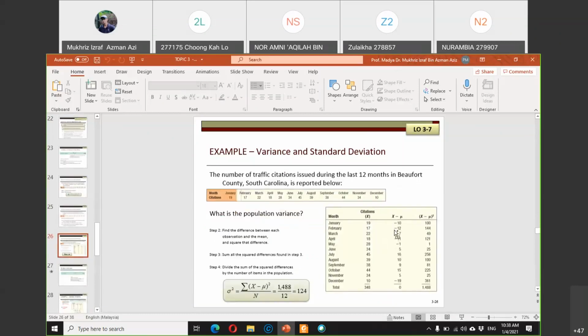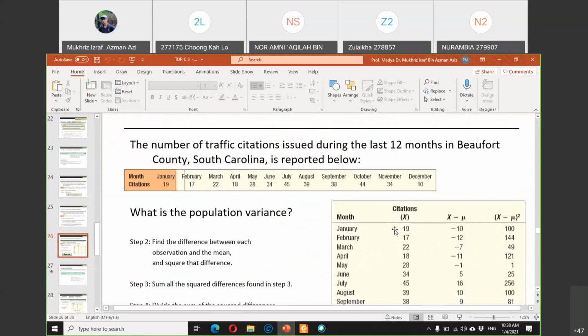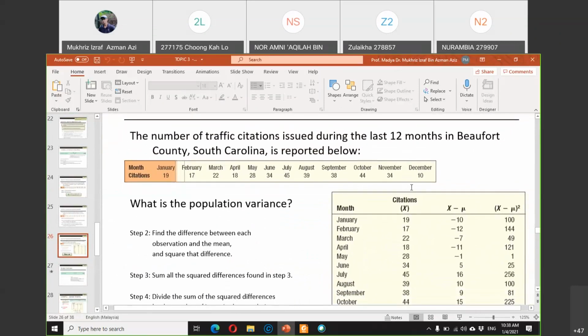As you can see from this example, in terms of the process, of course you'll be using a calculator, whether your Casio, Canon calculator, or the online calculator, which I gave you the link to in your OL.